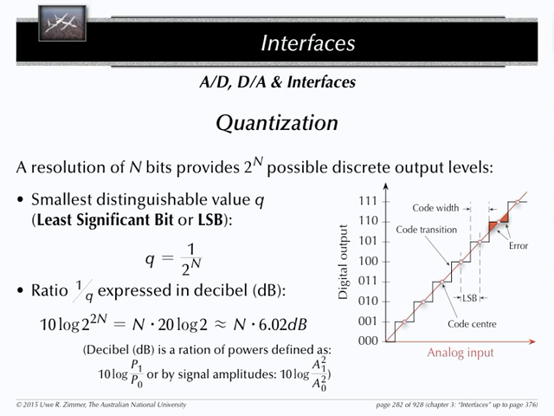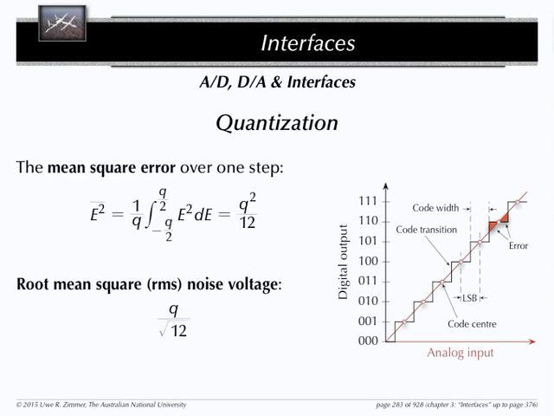Or as an engineer, you look at it in terms of decibel, and then it's n times roughly 6 decibel, which you have as your quantization noise in your system. Okay, and this is the ideal case, which means your mean square error is already this.